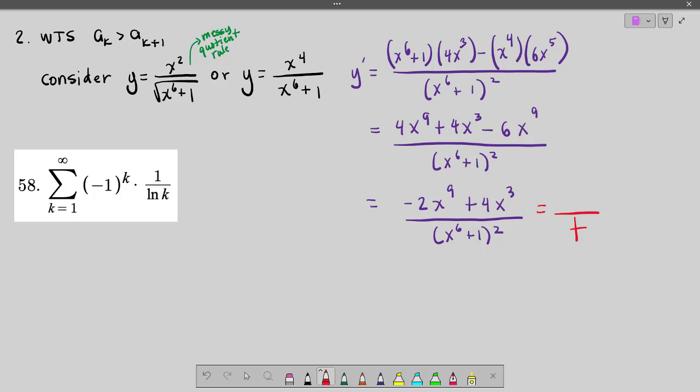That's going to be negative because we have our dominant term, the term with the highest power of x. This is dominating the numerator, and as x gets super large, that's going to take over these. These are positive for sure, the 4x cubed, but that's going to be way more negative. So we're going to get a negative over a positive, so that is negative. Therefore decreasing.